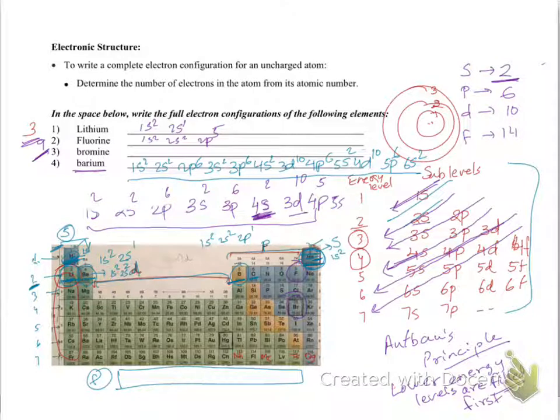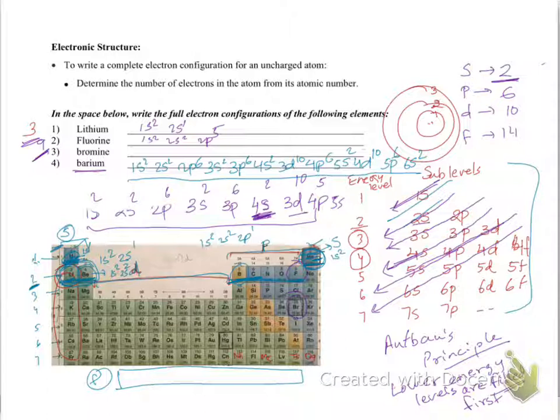Carbon will be 1s2, 2s2, 2p2. What will be fluorine? 1s2, 2s2, 2p5. So this is the shortcut. You can just look at the periodic table and write down the electronic configuration.